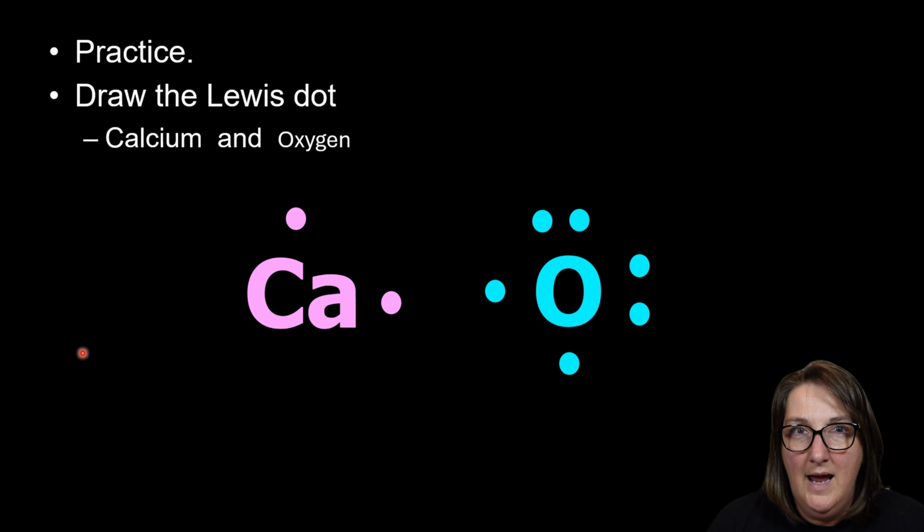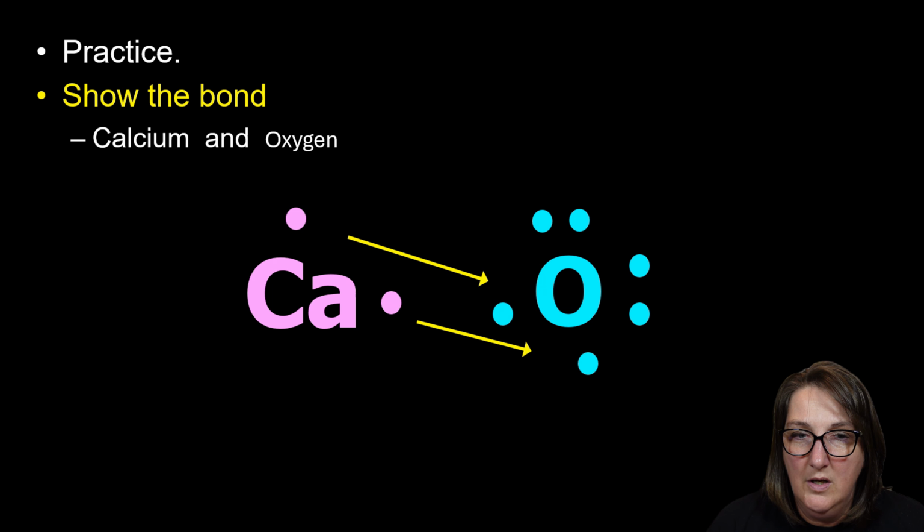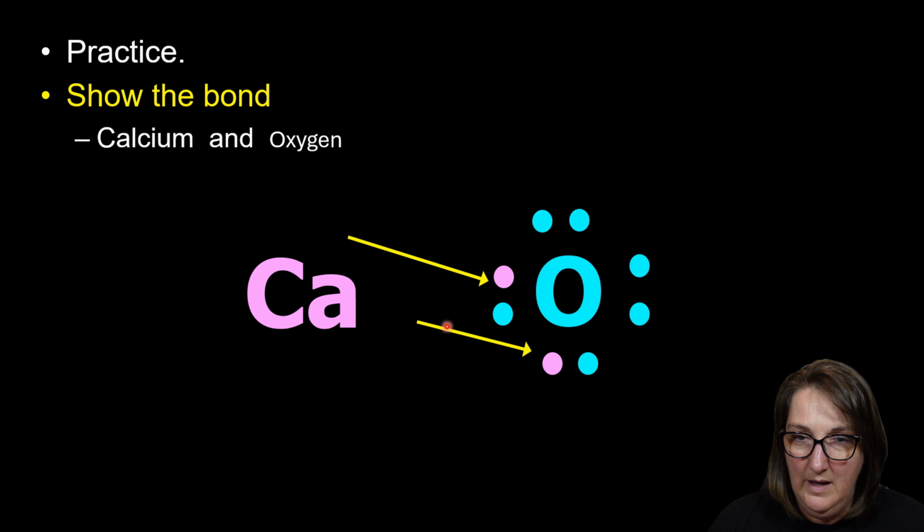So now you have to ask, all right, is it easier for calcium to get rid of 2 or for oxygen to gain 2? And it's going to be easier for oxygen to gain. So calcium is going to give its electrons to oxygen. So now oxygen has these 2 electrons. Calcium no longer has those electrons.